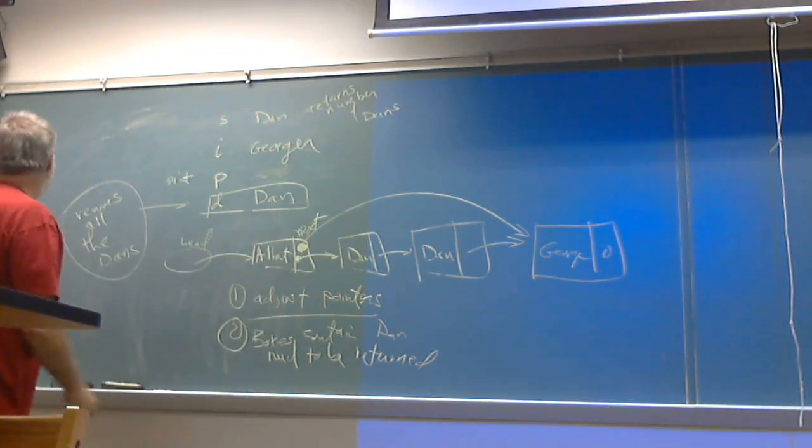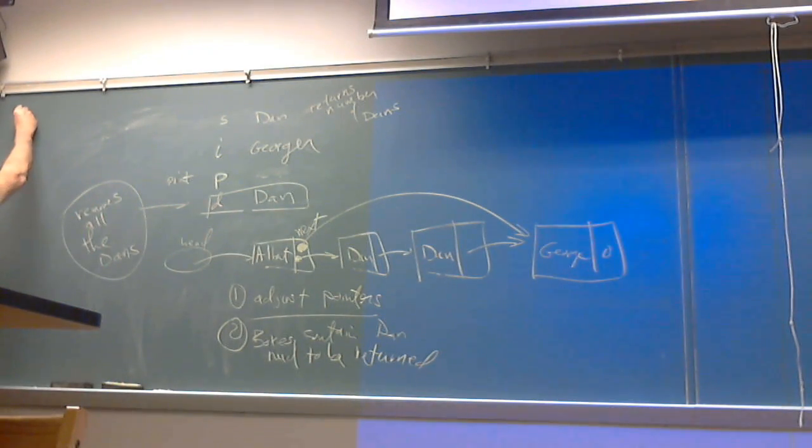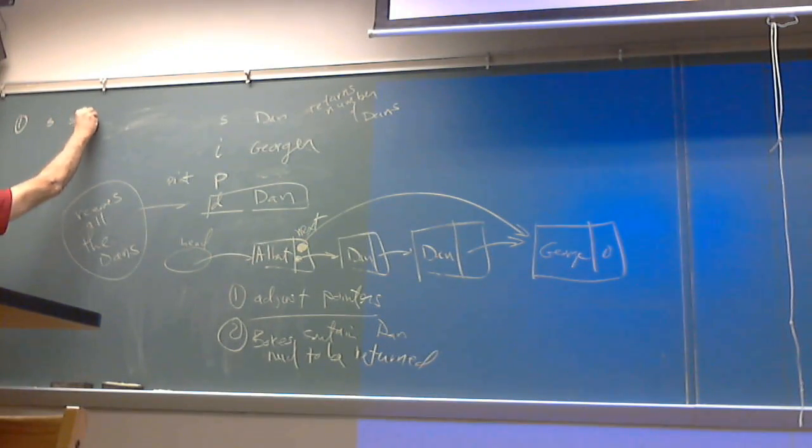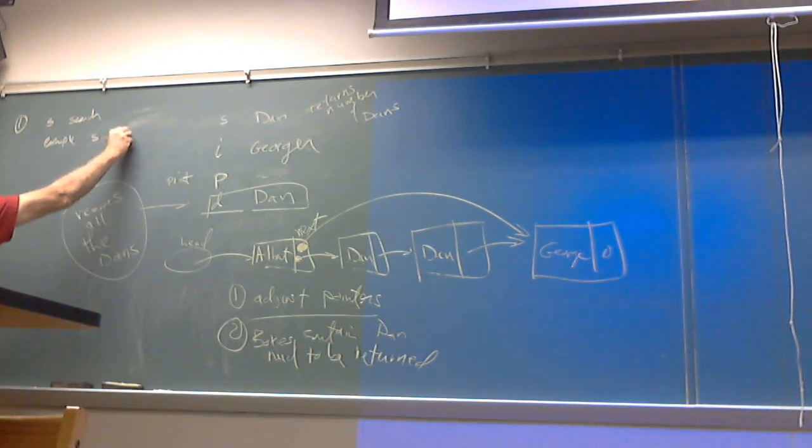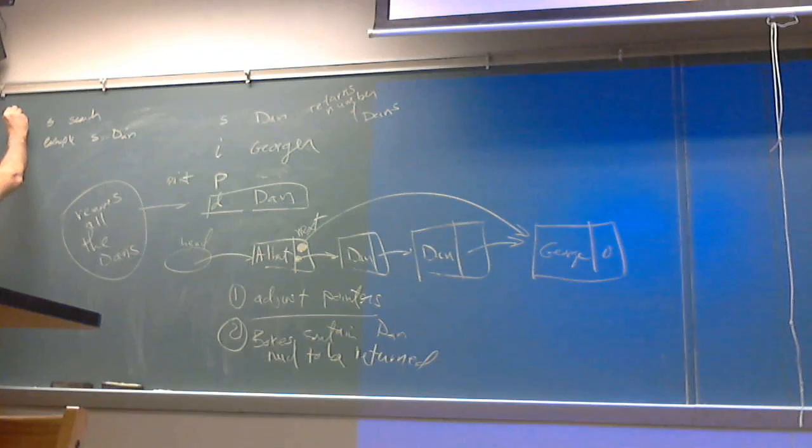So we're accumulating things. One is this search operation, S, search. An example would be search Dan, and it returns the number of Dans. Okay, I'm accumulating things here. That's one.